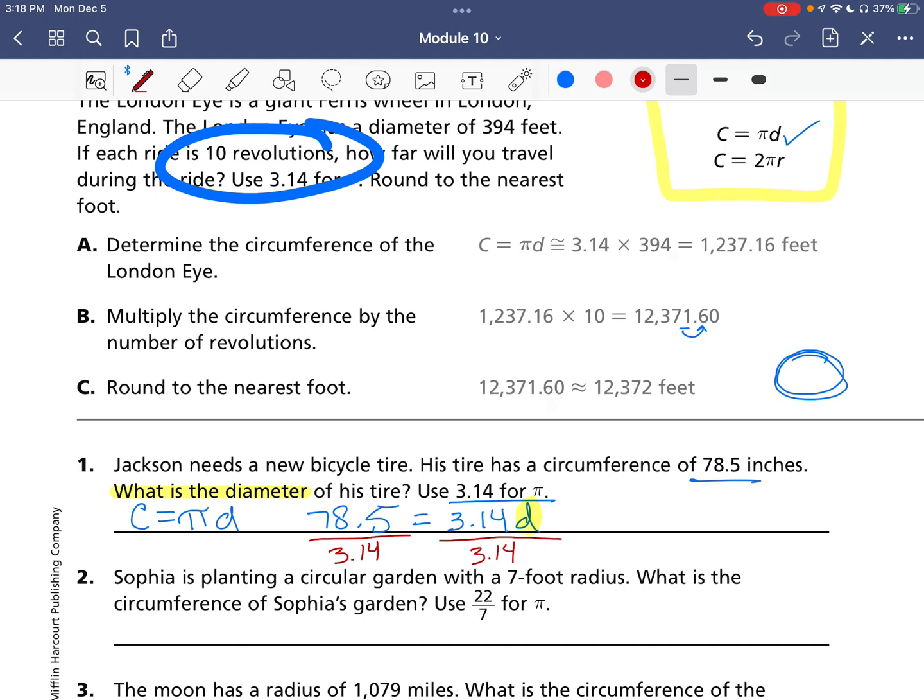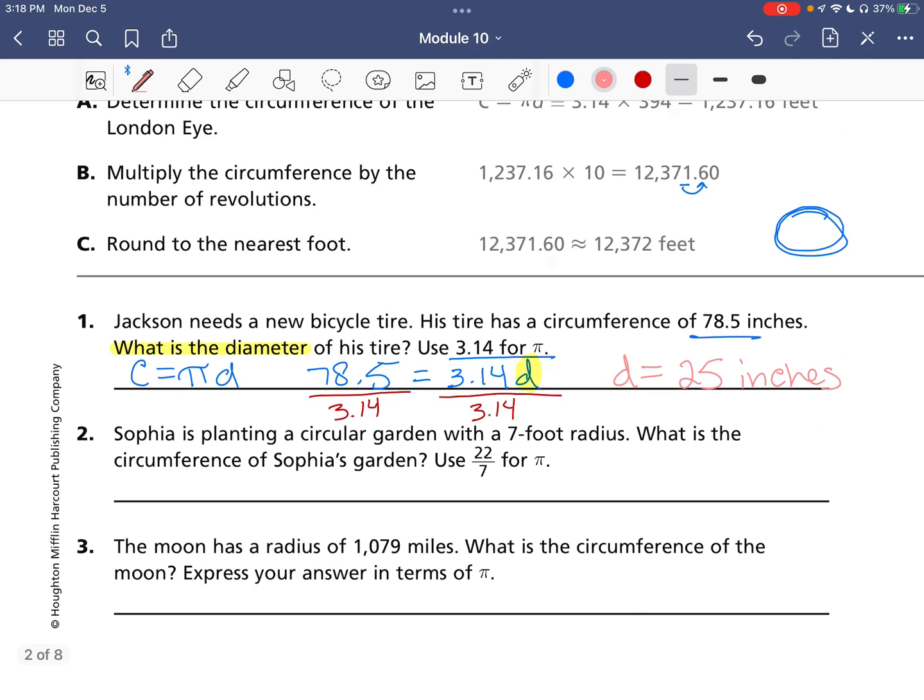Do that division, be very aware of your decimal points, and pause the video, hit play when you are good to go. And with this, we see we have a nice pretty number here. Diameter equals 25 inches. Our diameter of the bike equals 25 inches.